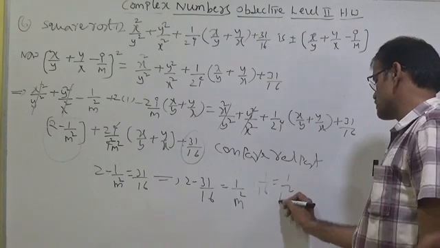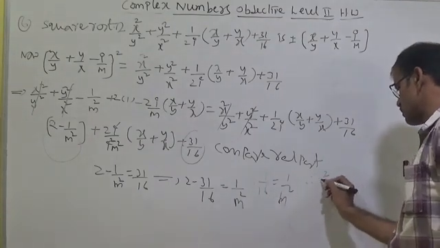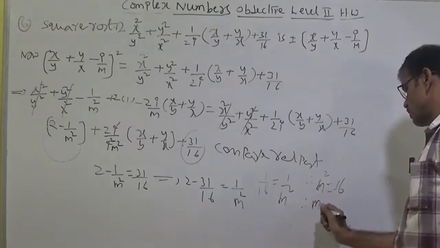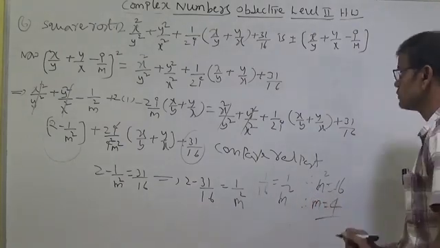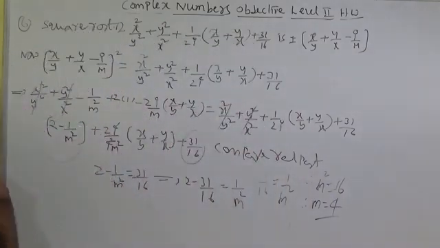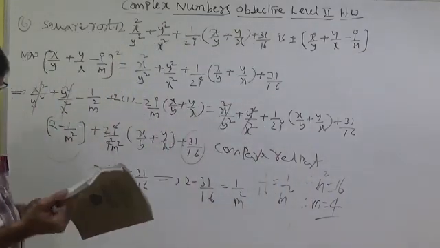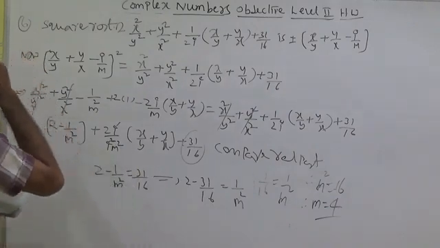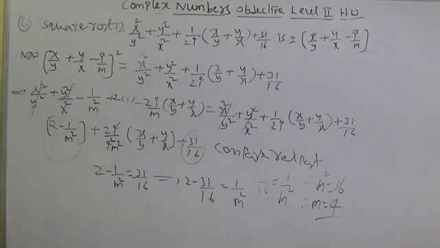So 1 by 16 equal to 1 by m square, we got. So m square equal to 16. Therefore, m is equal to 4. This is the value. By comparing imaginary parts also, we will get the answer. m is equal to 4. Of course, plus or minus 4 we get, but given only the plus value, m is equal to 4.